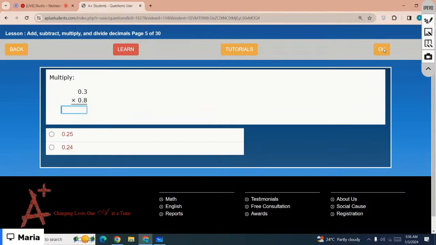The next one is 0.3 times 0.8. So, which is the correct option? The correct option is 0.24. Very good. Option number 2 is the correct option.